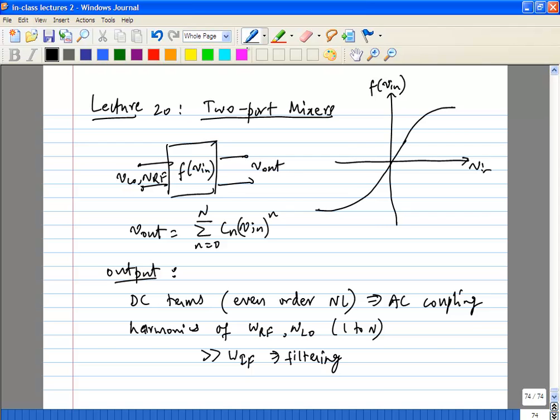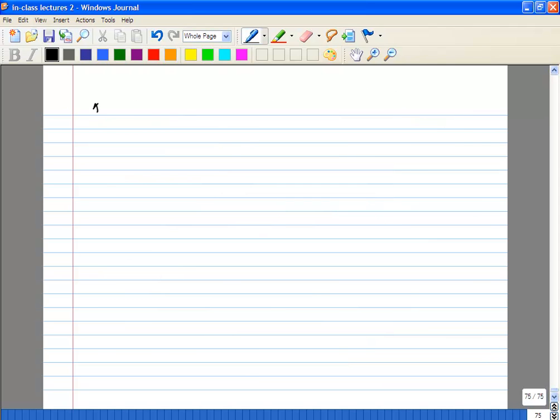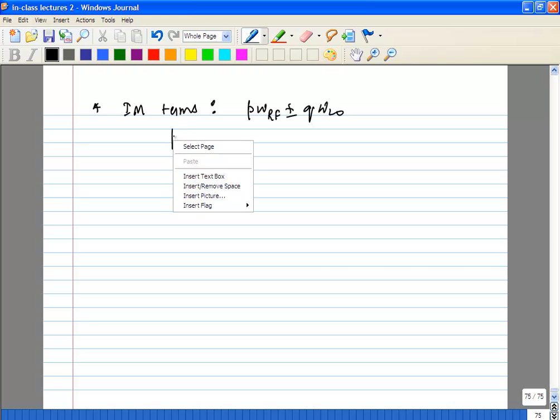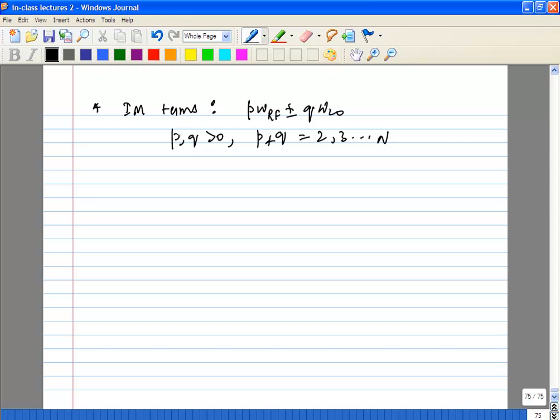Now we'll come to the desired term. What are the desired terms? They are the IM terms, p omega RF plus or minus q omega LO. Actually, p plus q equals 2, and so on up till N. So you'll get all intermodulation products.